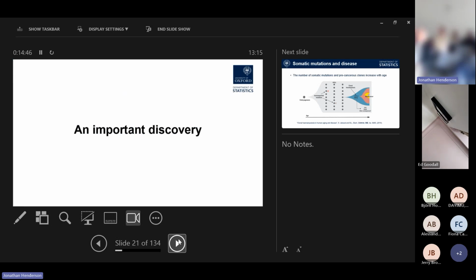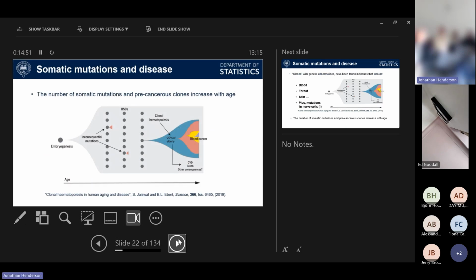Amongst these publications was what I regard as quite an important discovery, reported around 2019. The authors looked at the blood in older people, and what they found was it's very common to see a portion of that blood which is made up of a clonal population, of what are effectively cells with mutations in them that are distinct from the normal healthy blood that you've lived with most of your life.